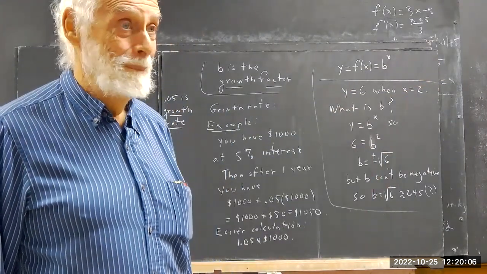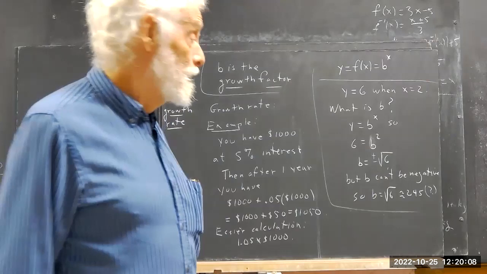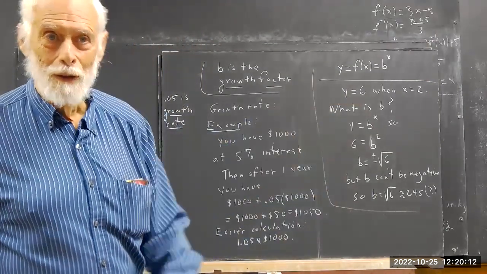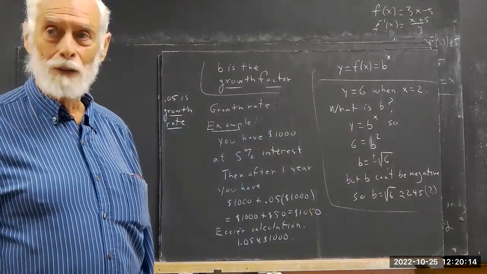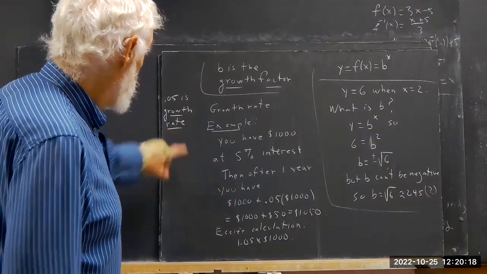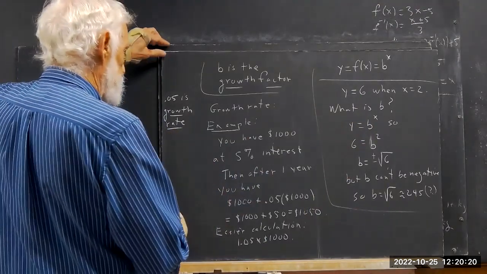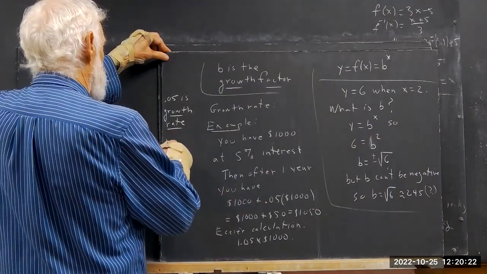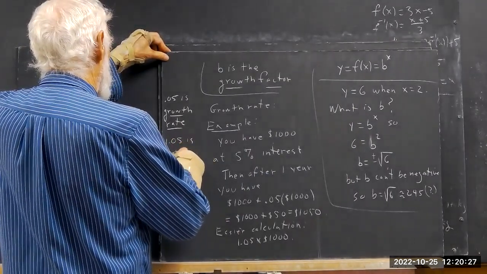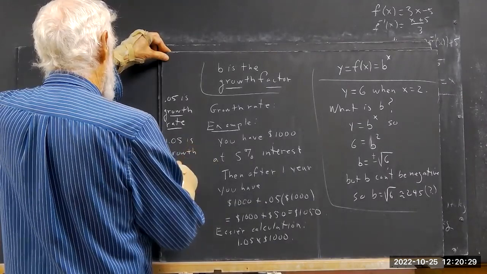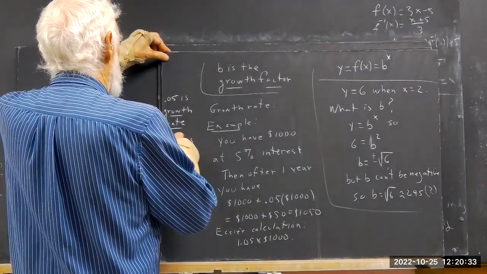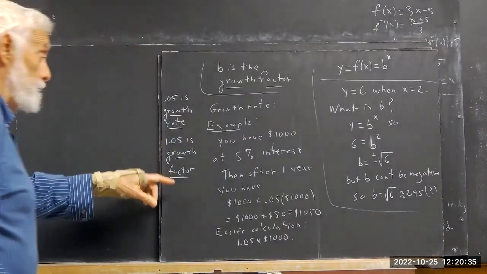Okay. And of course, you look at inflation, inflation is growing at a rate of 8%. So the growth rate would be 8% or 0.08. 1.05 is your growth factor.